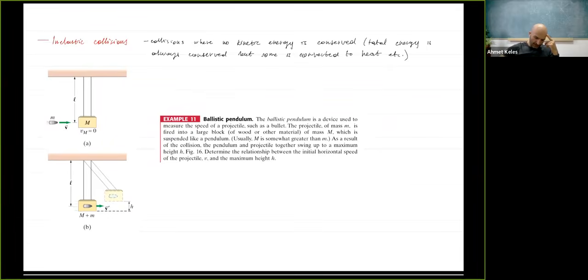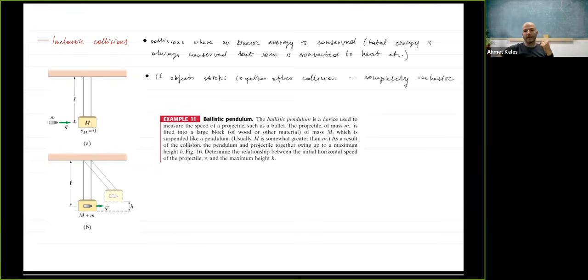And a special case of this inelastic collision is, maybe I can write it here, another bullet. If objects stick together after collision, we call this completely inelastic.